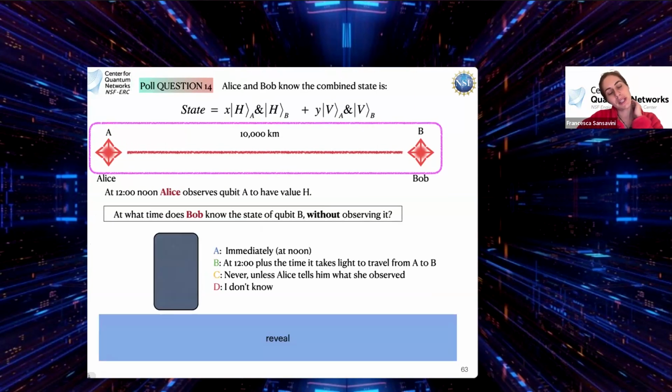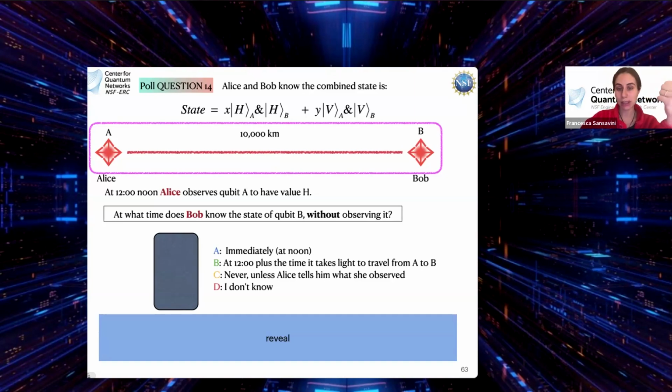And Belisha, here, if we can pull up question 14. This question is similar, but it's a bit trickier. We still have the same combined state. Alice still observes at noon that her qubit has value H. Now the question is, at what time does Bob, not Alice, know the state of his own qubit, qubit B, without observing it?